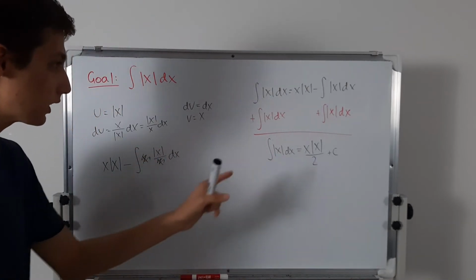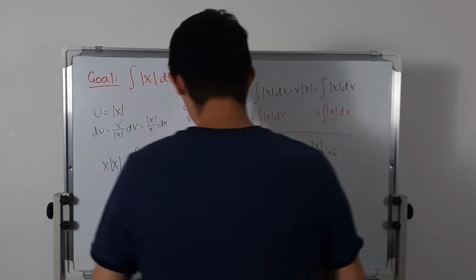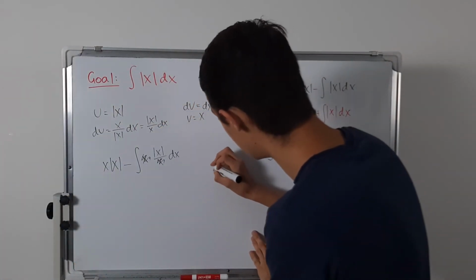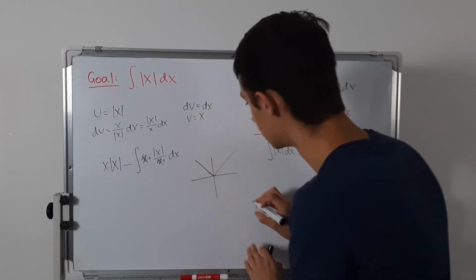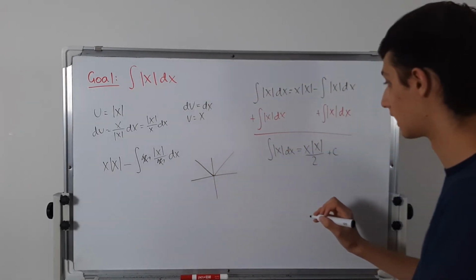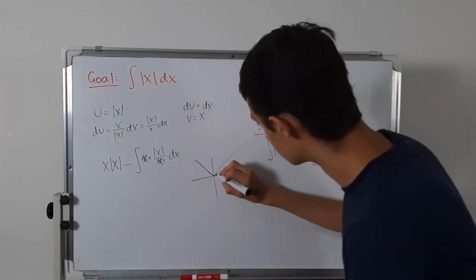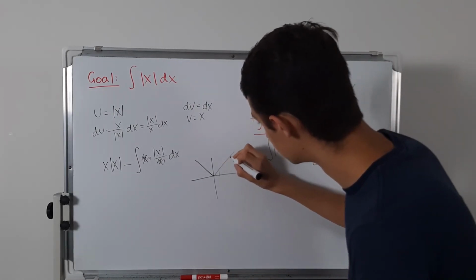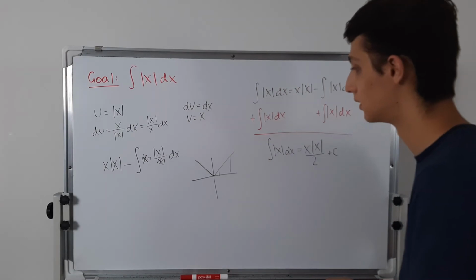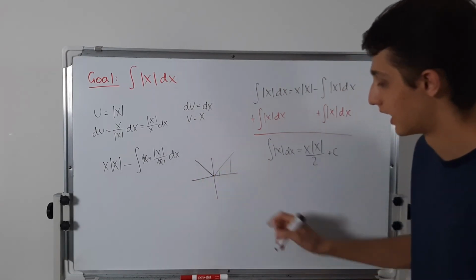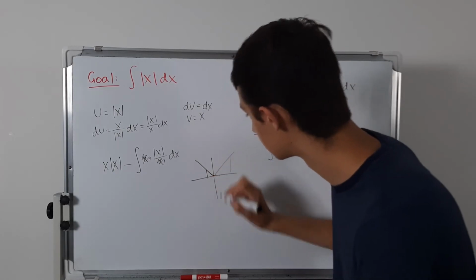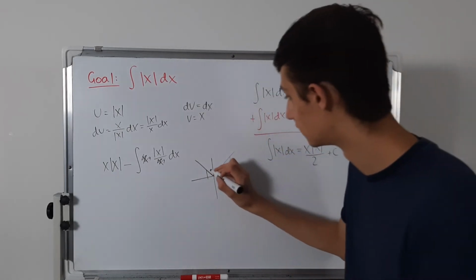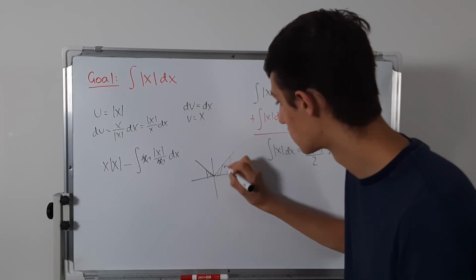So let's just do this. If we have some function here, absolute value of x, let's say we're trying to find the area from, I don't know, from here to here. Actually let me make it more interesting. So we would do it from here to here, so all this area in between.